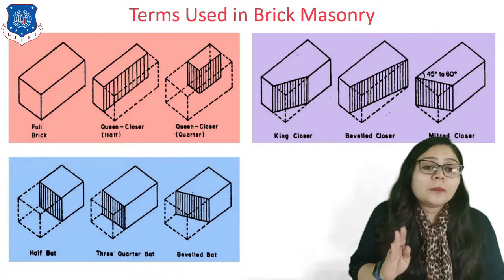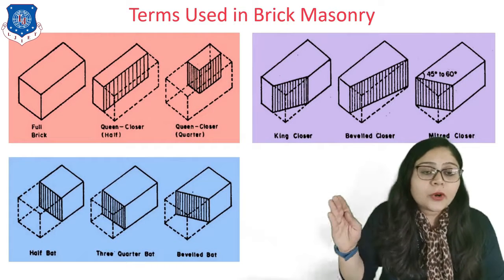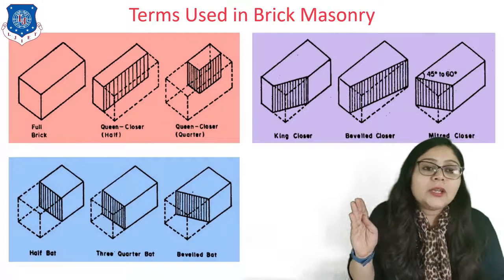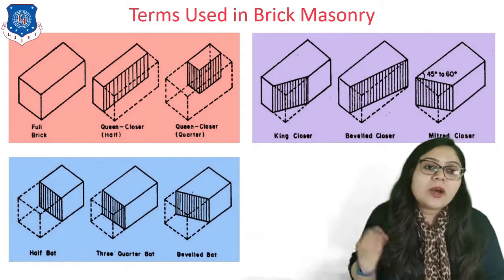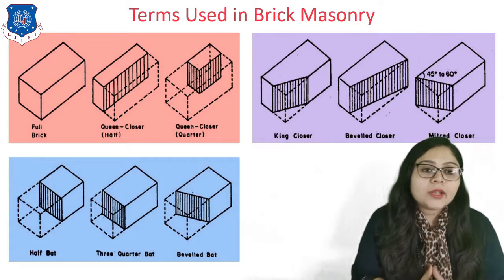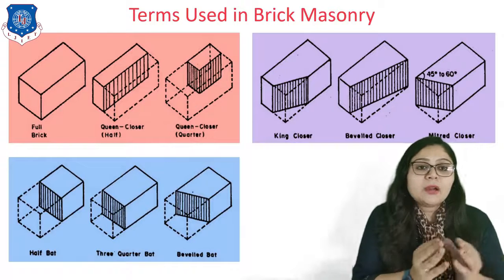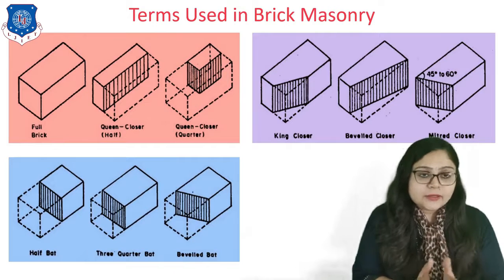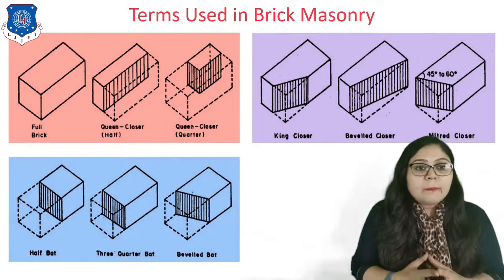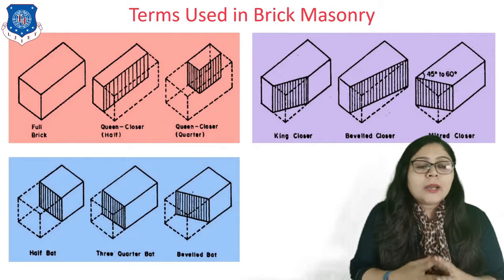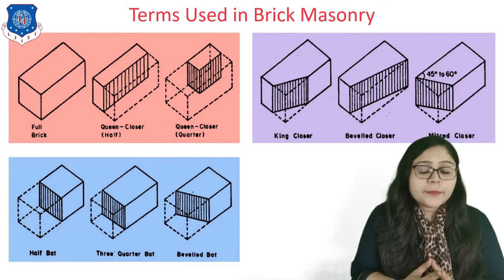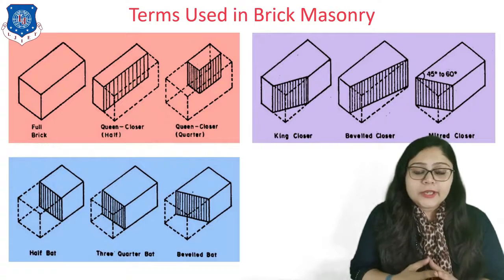But if I cut a brick from the header's midpoint and extend that point to one side of the brick to its stretcher side, then it is known as the beveled closer. According to need we can cut bricks to make them suit the brick masonry form. Mitre closer is when I cut a brick at a 45° to 60° angle, right? Now, what is half bed?